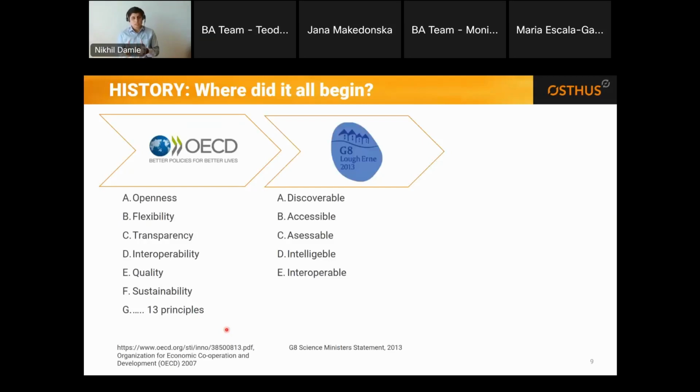In 2013, as the field became more and more aware, the science ministries of G8 nations recognized for the first time the need of such a standardized framework to share, access and reuse the data. And they also defined these principles.